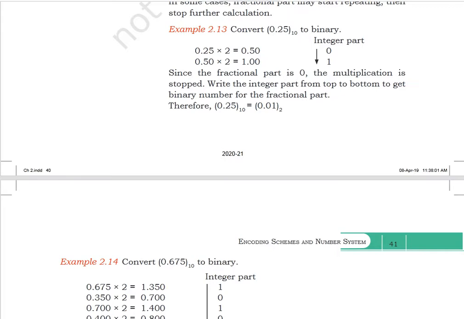We are converting from decimal to binary, and the required number system is the binary number system, and the base of the binary number system is 2. That's why we have to multiply 0.25 with 2. That is 0.25 into 2 is equal to 0.50, and again 0.50 into 2 equals 1.00.